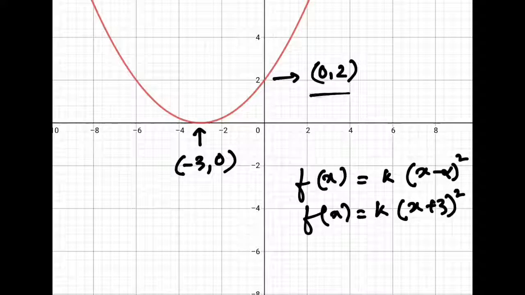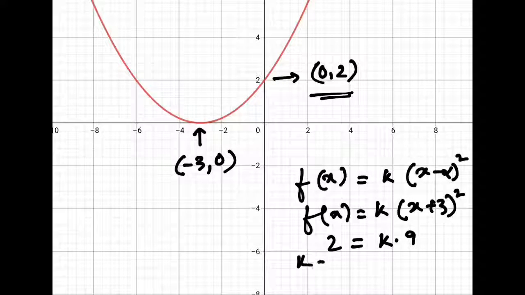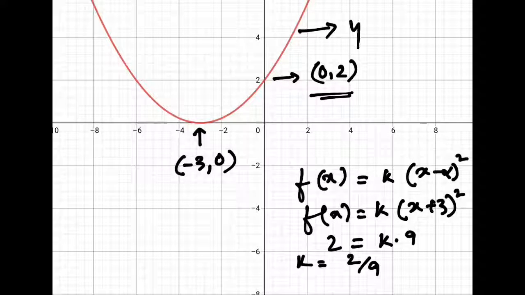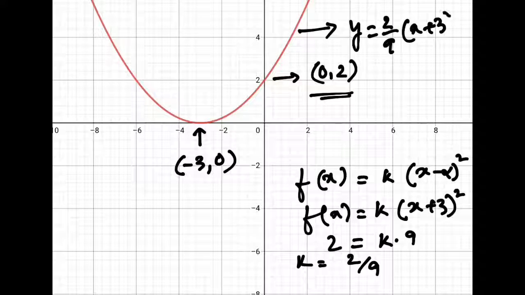Putting this value over here, 2 = k into 9, so k = 2/9. So this expression can be expressed as y = 2/9 (x + 3) whole square. So this is another way I can find the quadratic expression for this information.